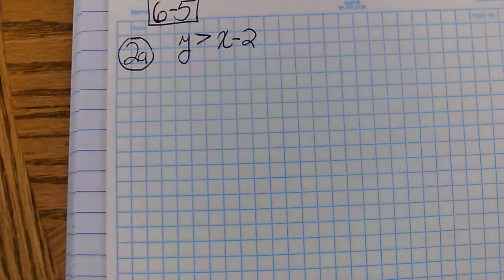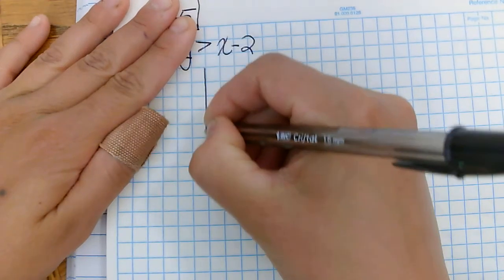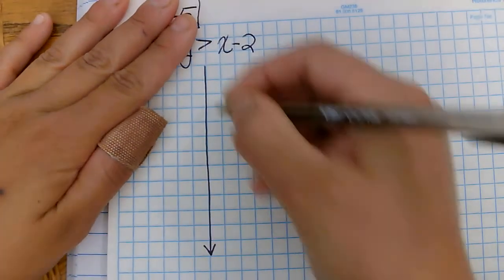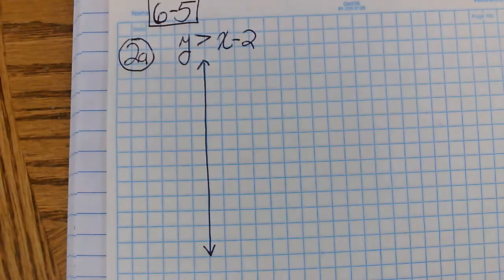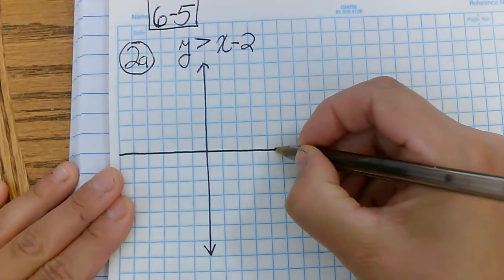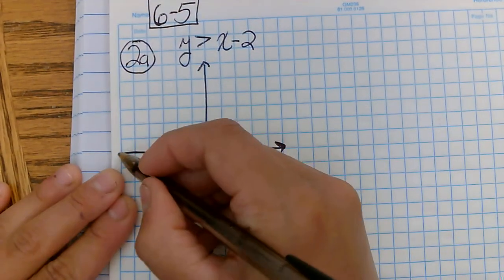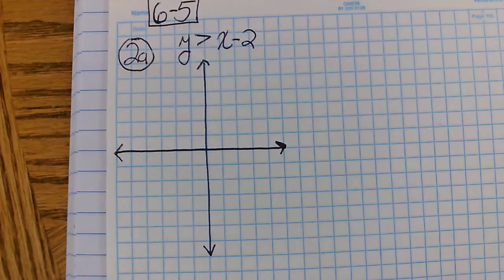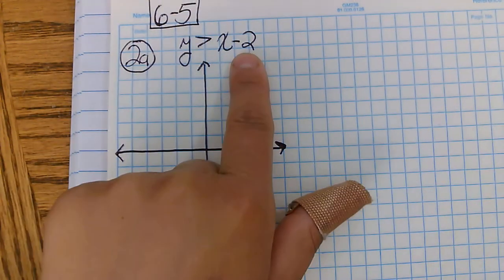So if this was y equals x minus 2, I draw, look how straight that line is. Oh my gosh, that's beautiful. And draw, oh, that one too. I'm on fire today. All right. So we graph this like a regular linear equation. I look at my y-intercept.